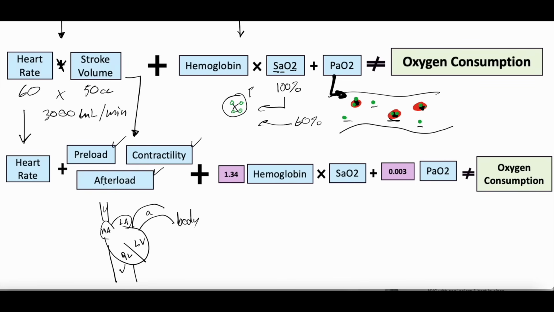So the amount of blood the heart is squeezing out each minute is going to be proportional to the preload, which is the amount of blood flowing into the heart from the veins, the contractility, or how hard the heart is squeezing with each pump, and then the afterload, or the pressure that the heart is pumping against.